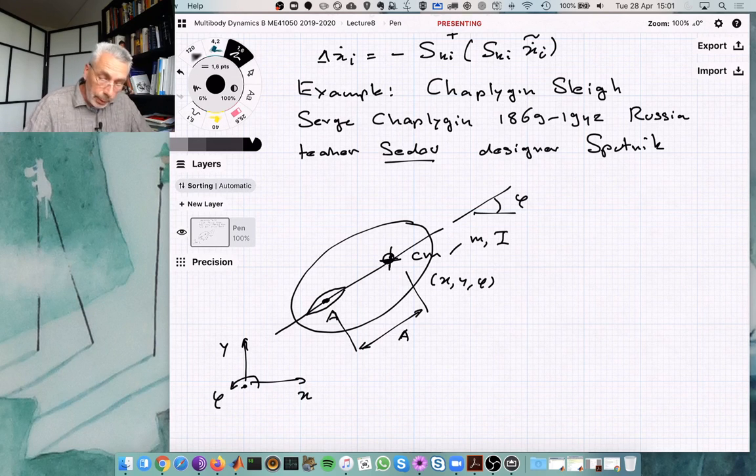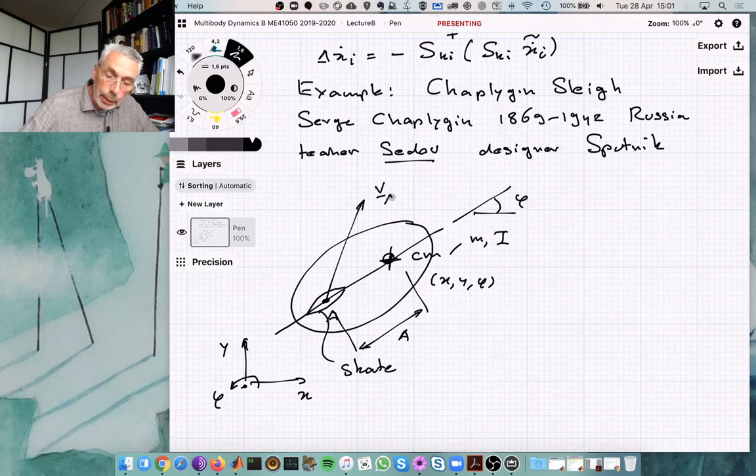And again, then we can say, so this is the skate, right? So point A only has the opportunity to have a velocity in this direction and no perpendicular one. But to write that down, we have to write in general that there's a velocity at point A, and then decompose that velocity into two parts.